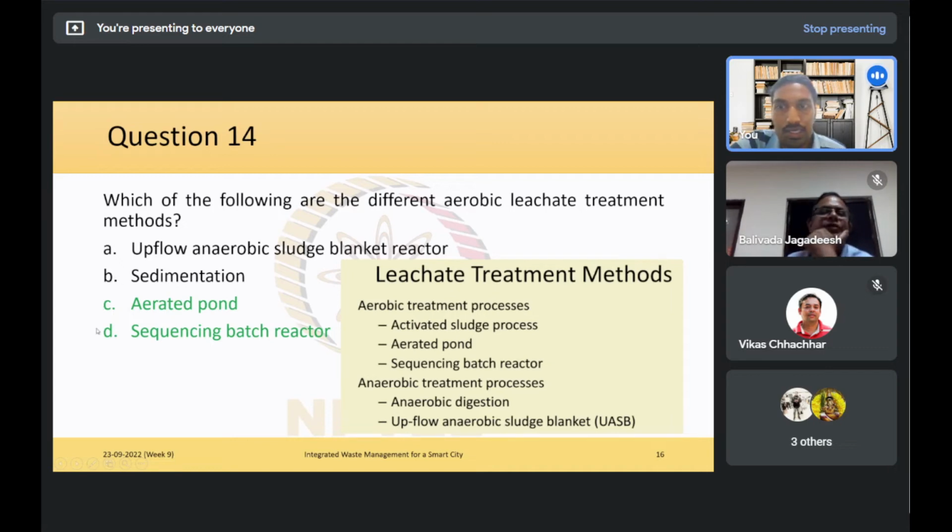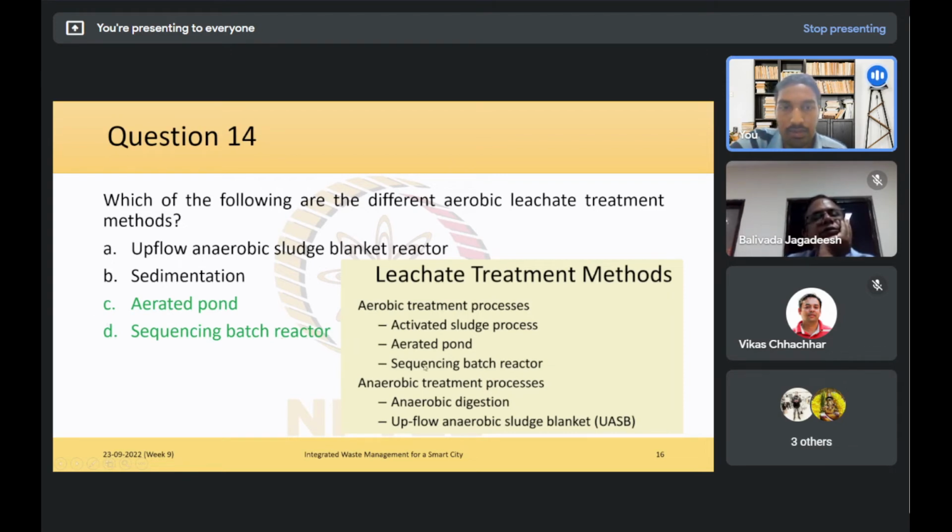Out of B and D, sedimentation again is not an aerobic process. We don't need oxygen for sedimentation to occur, it is through gravity. So sedimentation is eliminated. The remaining one is option D, sequencing batch reactor.